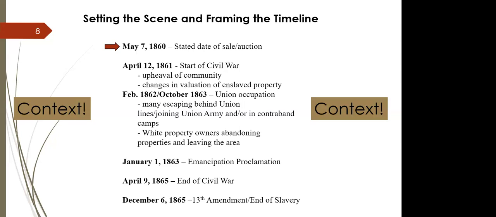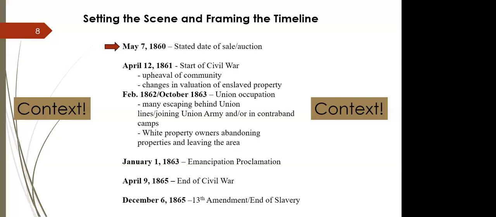Now, just 11 months later was the start of the Civil War, and doing this project required me to really research and study what was happening in this area of North Carolina during the years of the Civil War.